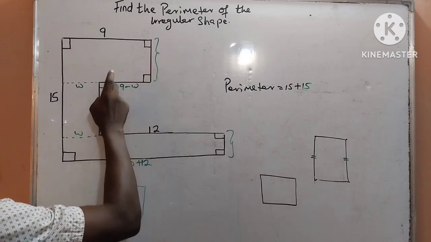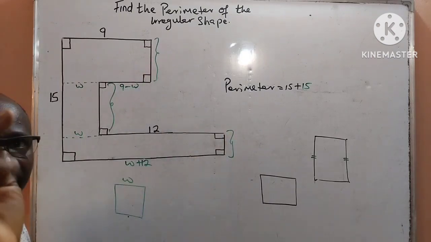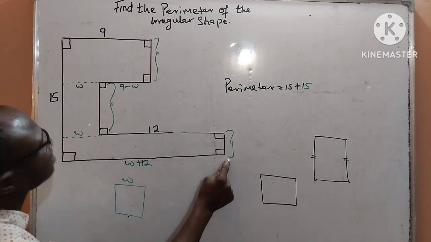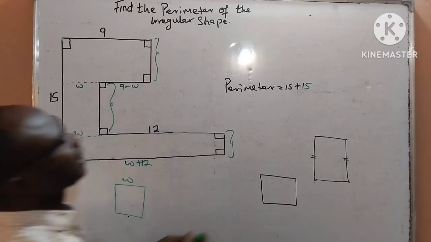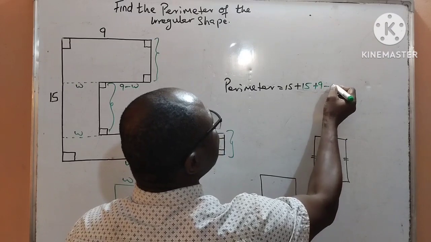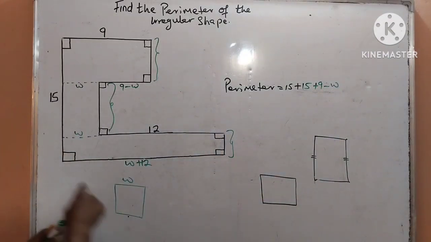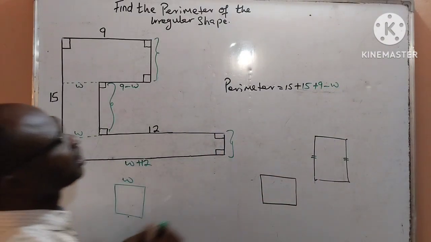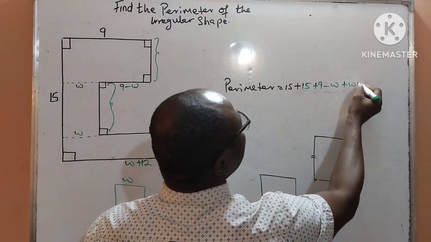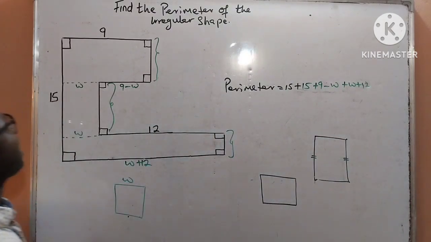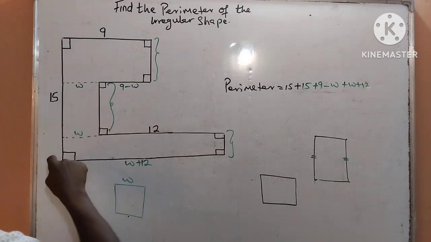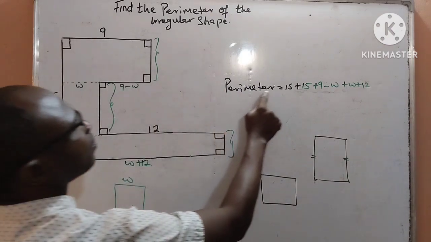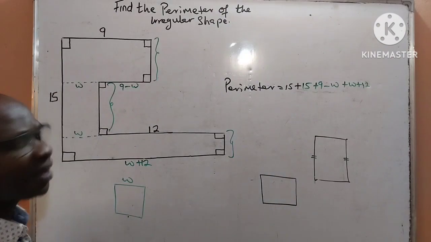We have known 1, 2, 3. Remaining two unknowns, which is this and this. Here now is 9 minus W, while this part is W plus 12. Therefore, in conclusion, the sides we have: 1, which is this 15.